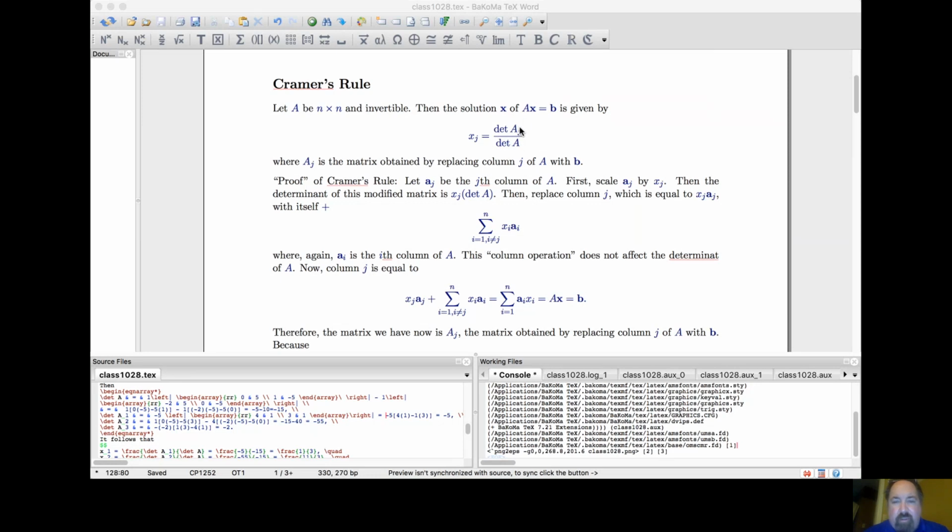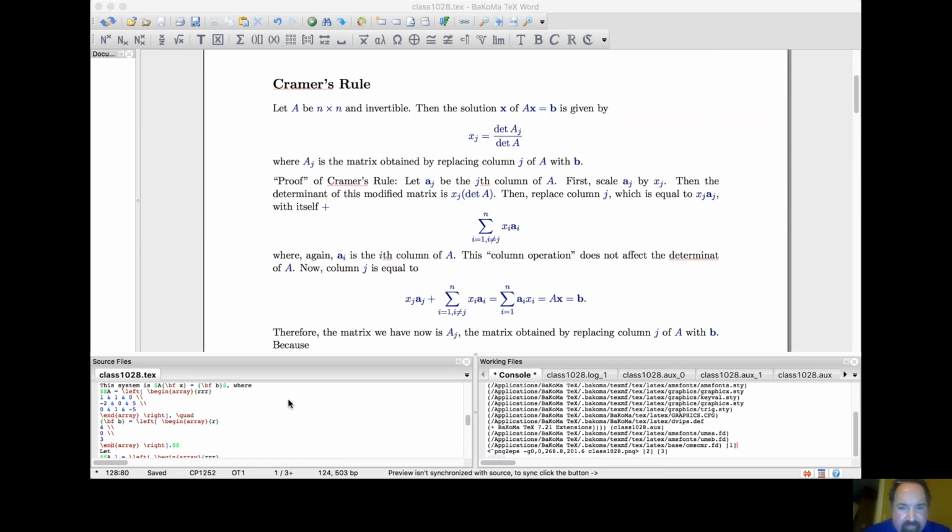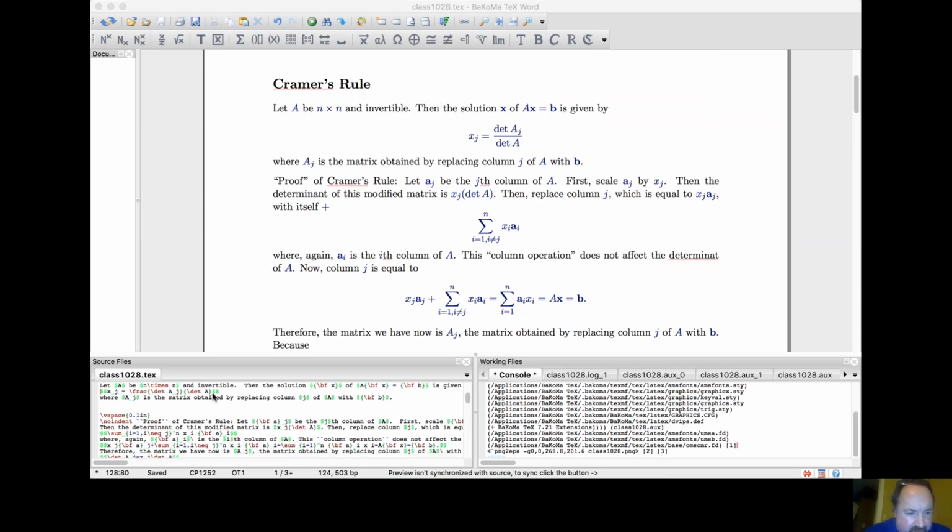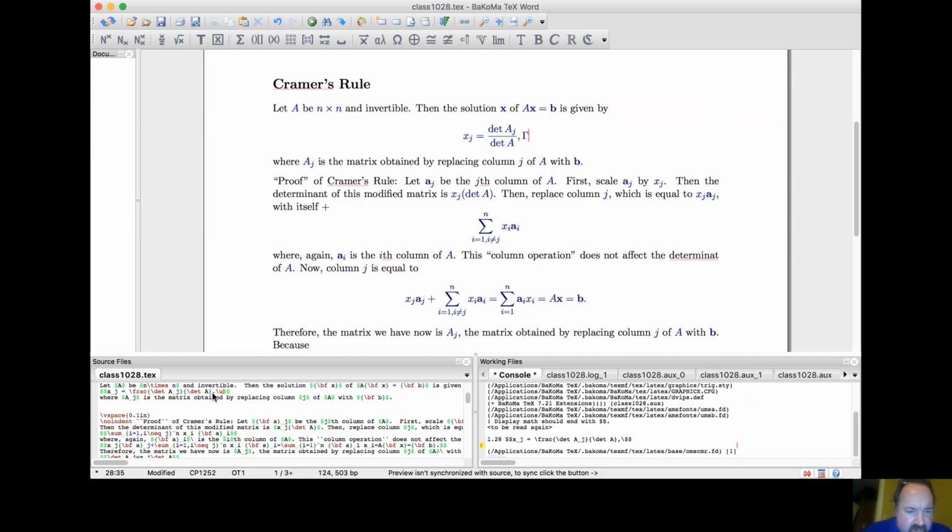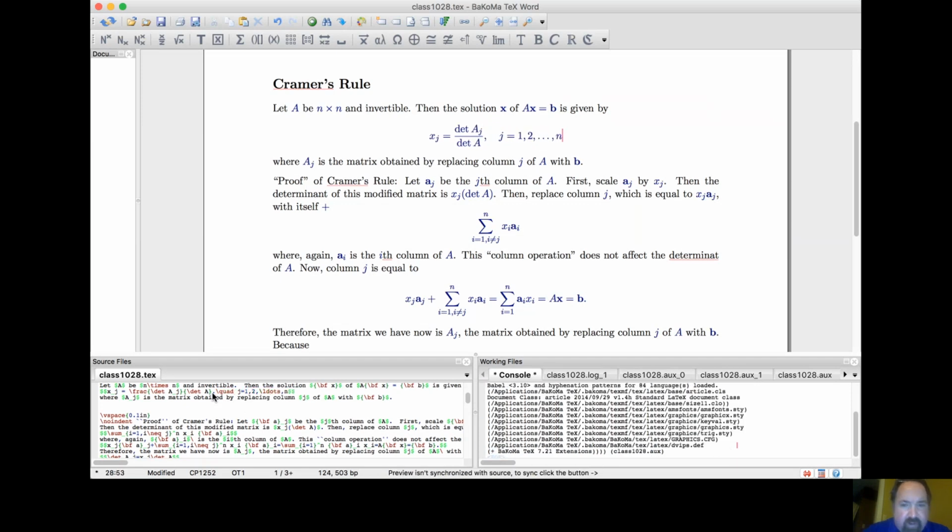Aj is a matrix you get by replacing column j of A with B. So now you can compute n total determinants of each of these Aj from j equals 1 to n. Let me note that explicitly here. And then a determinant of A in the denominator, which must be non-zero by assumption because A is invertible.